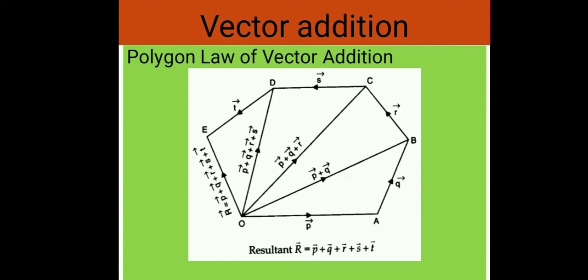The vectors are P vector, Q vector, R vector, S vector, and T vector. And the resultant of these vectors, which is represented by OE, that is R vector, will be equal to P vector plus Q vector plus R vector plus S vector plus T vector. This is the polygon law of vector addition.